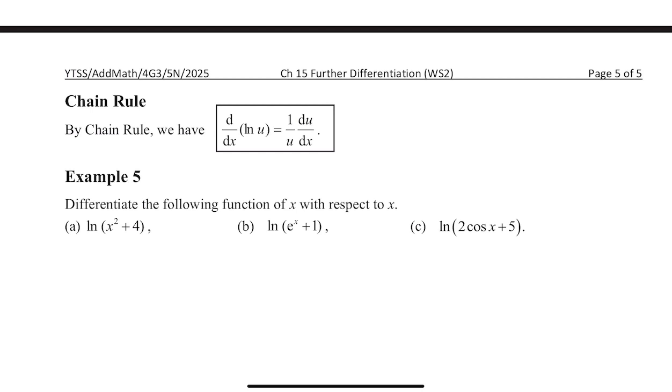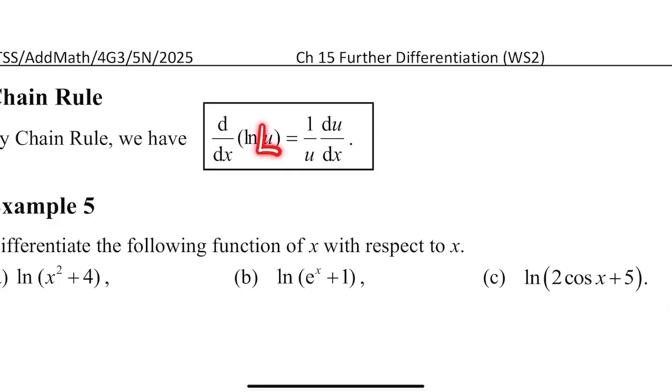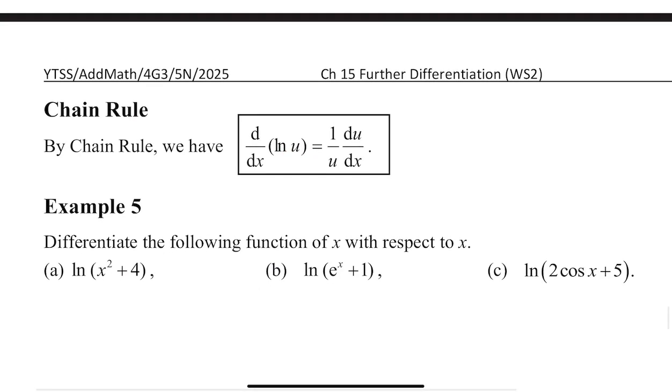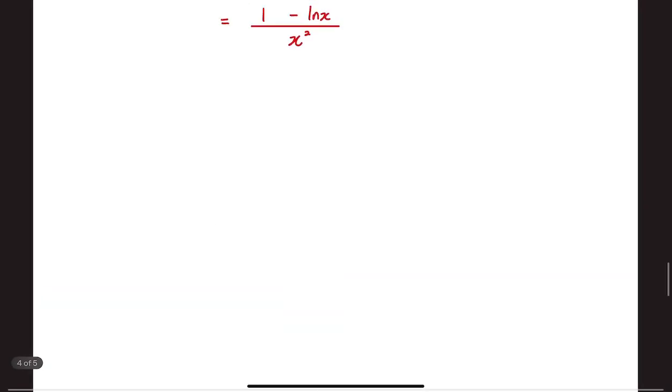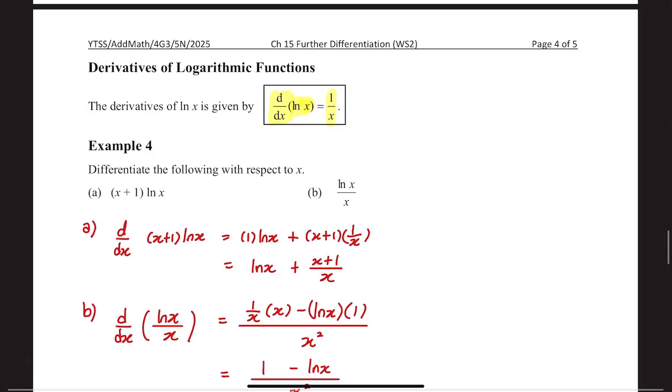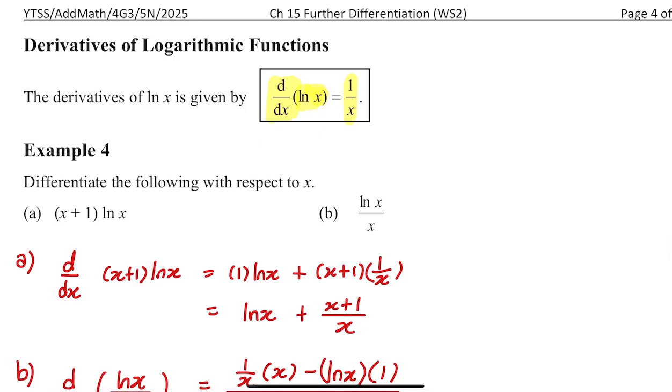Next one here. Now, similar to exponential functions, instead of x, if now I have a u. The difference is that now, in order to differentiate any logarithmic functions, we focus on ln. Take note that, I didn't mention this, but for O levels so far, we don't learn how to differentiate log. We focus on ln x for now.